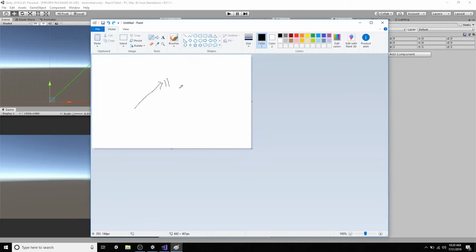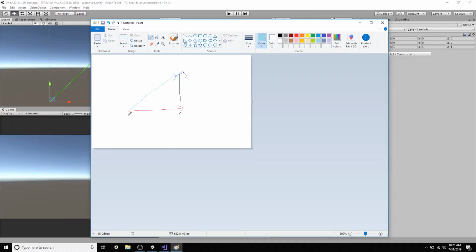So you can imagine something like this. Let's keep the color red. You have a vector like this, and let's draw one more vector. You have another vector like this. Now when we add both vectors, the resultant vector will go from the tail of the first vector to the head of the second vector.